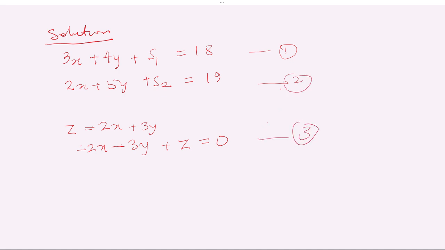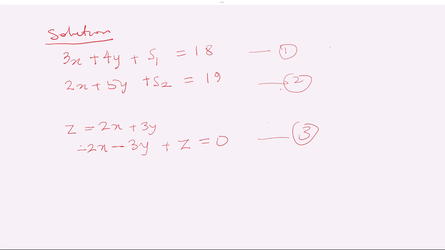We need to set up a kind of feasible region with this. What is the feasible region? We have to ask ourselves what the values of s1 and s2 will be when x and y equal 0. And as we can see, it becomes obvious from equation 1.